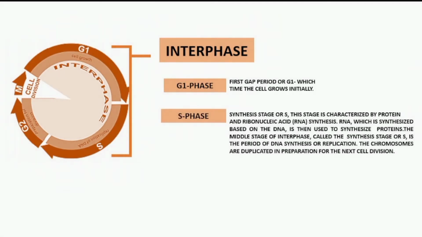The second phase is the S phase, also known as the synthesis stage. This stage is characterized by protein and ribonucleic acid or RNA synthesis. RNA, which is synthesized based on the DNA, is then used to synthesize proteins.